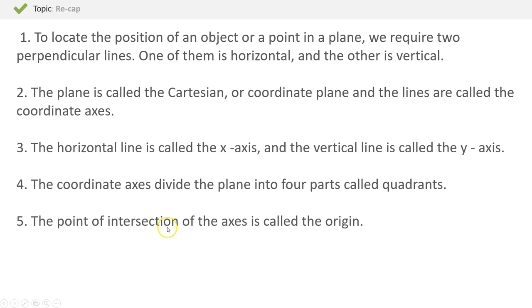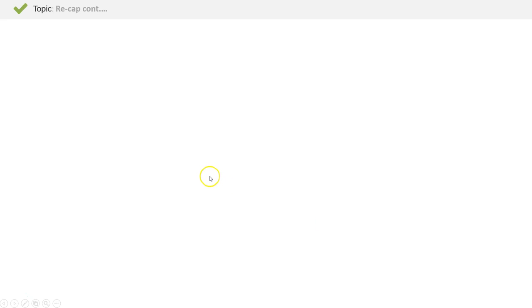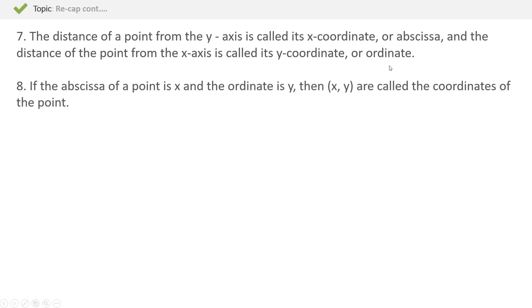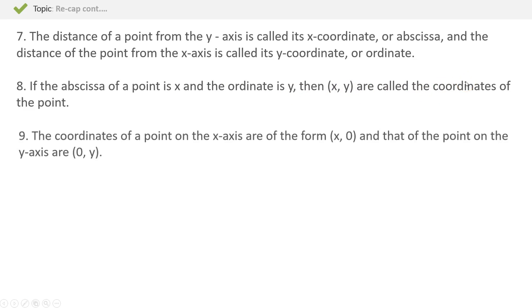The point of intersection of the axes is called origin and is usually represented by (0, 0). The distance of a point from y-axis is called x-coordinate or abscissa, and the distance of a point from x-axis is called y-coordinate or ordinate. If the abscissa of a point is x and the ordinate is y, then (x, y) are called coordinates of the point.